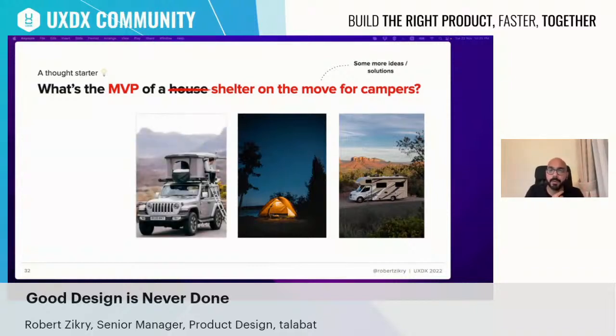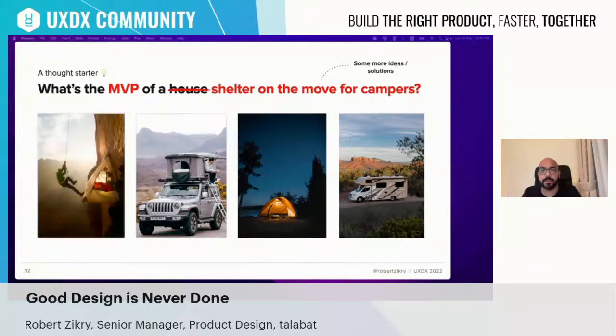And you come up with more ideas. Maybe now that we know it's a shelter on the move, and we investigated a little bit more, that is for campers, maybe a tent on top of a Jeep would work, or the hanging tents on mountains would work. But just by doing this, now you are zooming into your problem space, zooming into the actual need, which is a shelter on the move, zooming a little bit more into your target audience, which are campers.